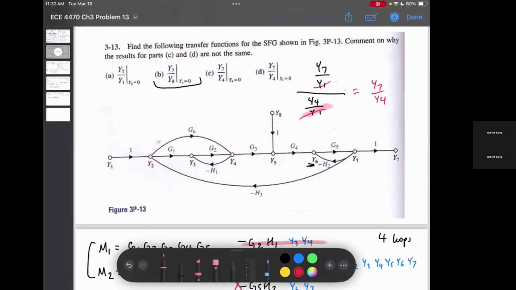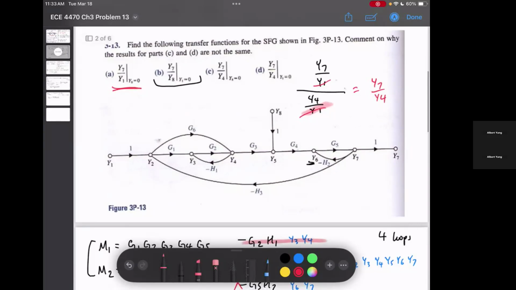And this is helpful when you've already found the y7 over y1 and the y4 over y1. Now we already have y7 over y1 because that was part A. And then we need to find the y4 over y1.